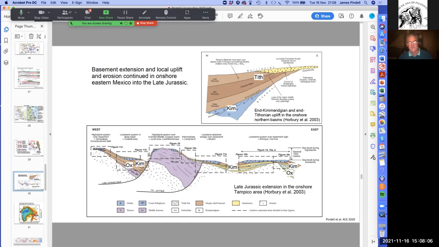So basically the faulting in onshore Mexico is continuing right through, let's say, late Triassic, through early Jurassic, through middle Jurassic, and into most of the late Jurassic. So there is a big, long stretching history, 60 or 70 million years. And it's during that stretching history of the basement crust that we believe what is responsible for elevation of the mid-crustal plutons to the depositional surface.